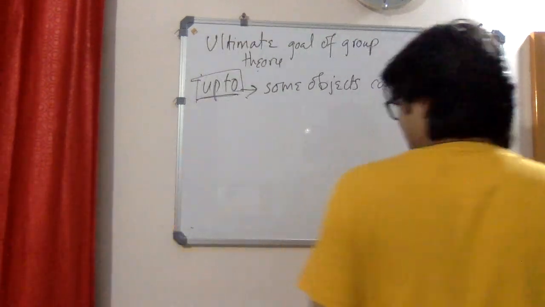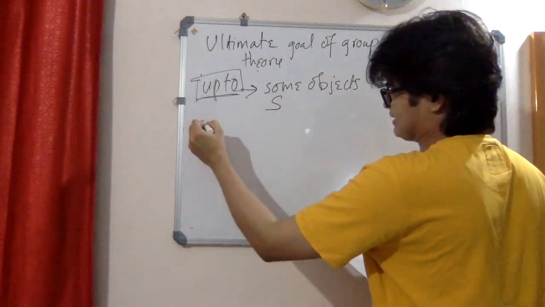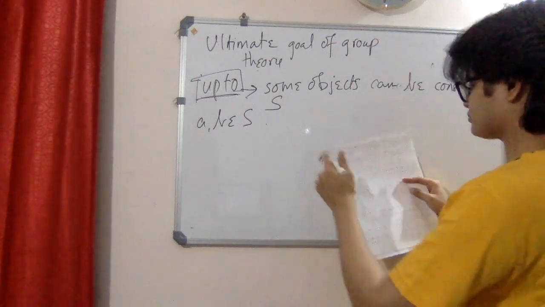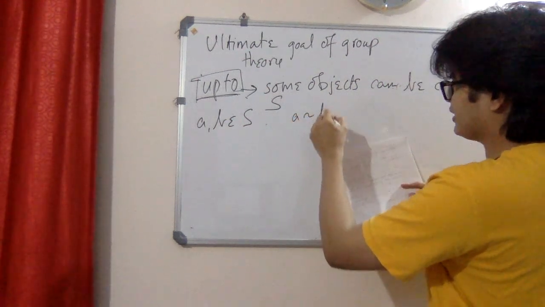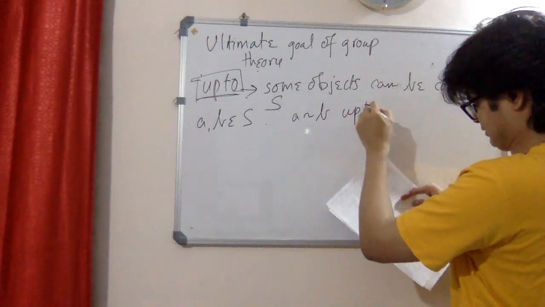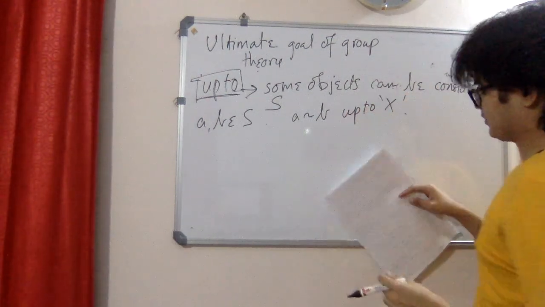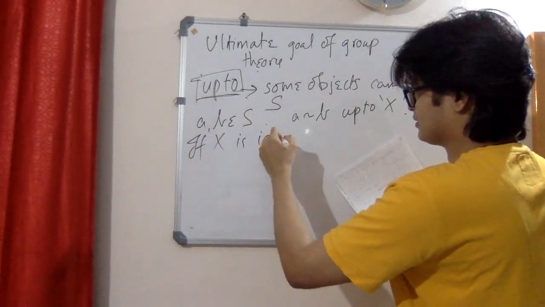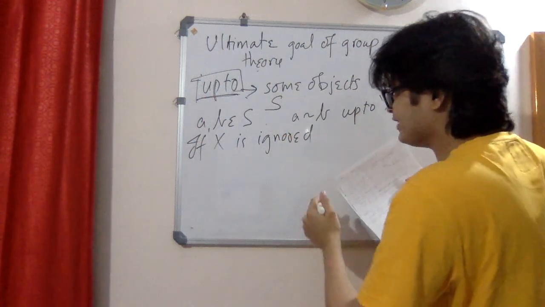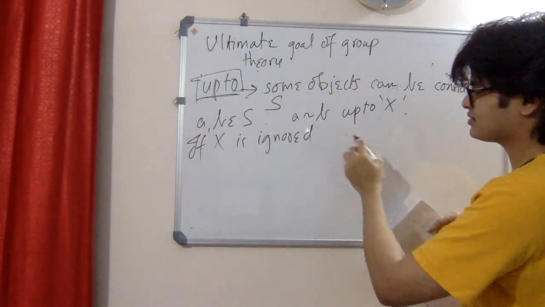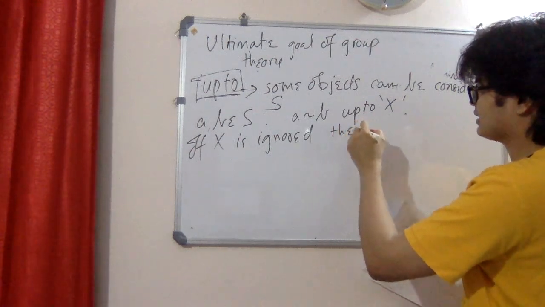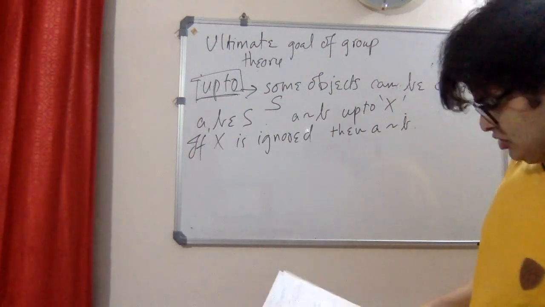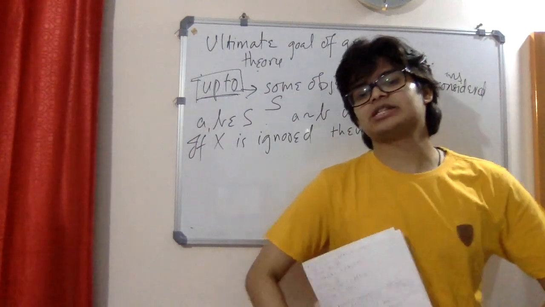In the next example, say I have a set S and A, B belong to S, and say A and B are equivalent up to X. So this means if X is ignored, X is some condition we have, it can be any condition, then A is equivalent to B. In this case, we have equivalence between elements.